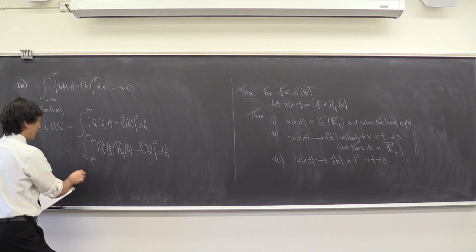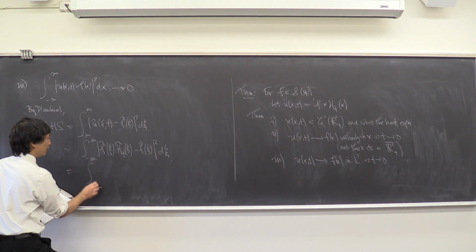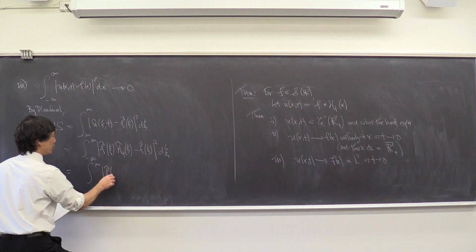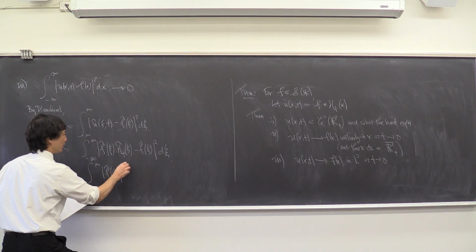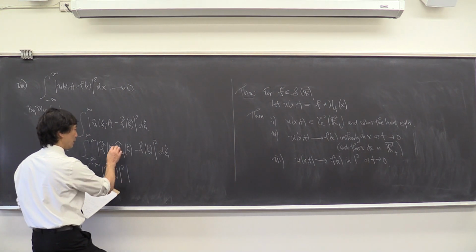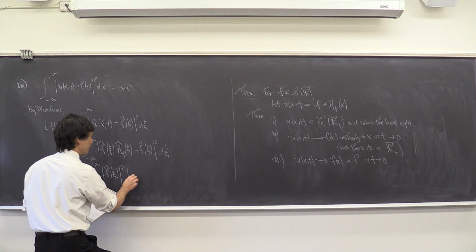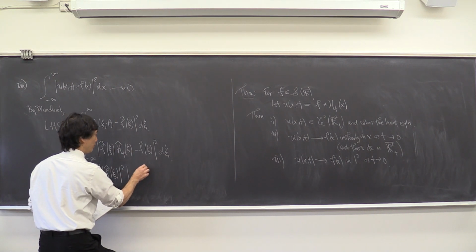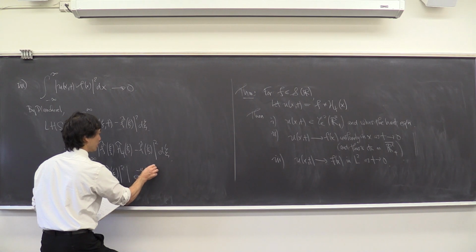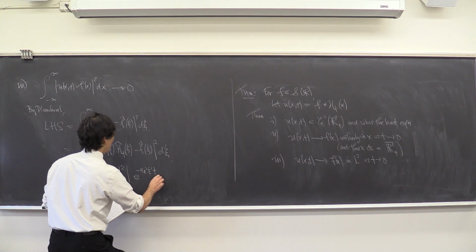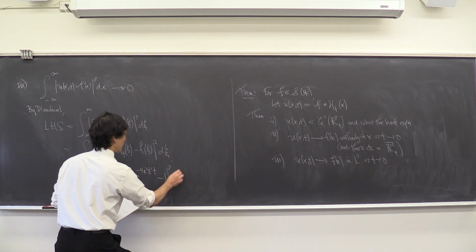Right. So if we factor out the Fourier transform of f, we get the Fourier transform of the heat kernel, which was e to the negative 4 pi squared c squared t minus 1 quantity squared dx.